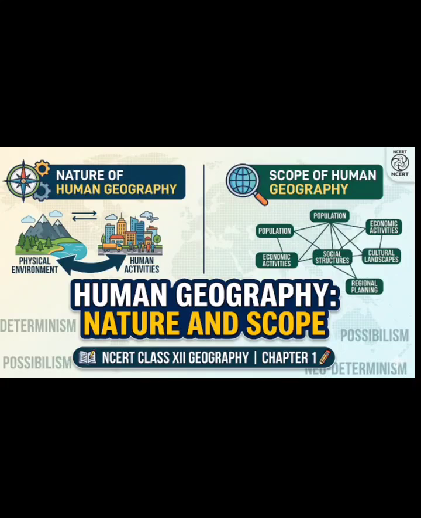The spatial distributions of human phenomena and how they come about, the social and economic differences between different parts of the world. You are already aware of the fact that the core concern of geography as a discipline is to understand the earth as home of human beings and to study all those elements which have sustained them. Thus, emphasis is on the study of nature and human beings.